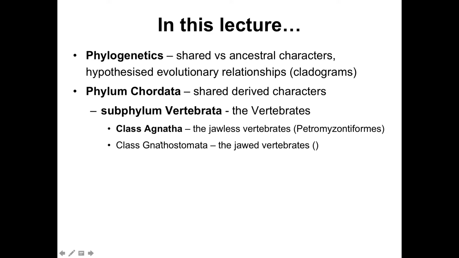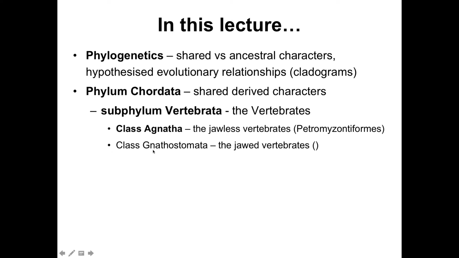And then within the vertebrates, there are 2 classes based on whether the animal has a jaw or not, whether jaws have evolved or not within the vertebrates. And there are a few living, extant, that is, jawless vertebrates, the petromyzontiforms. These are the hagfish and the lampreys. So they are examples of vertebrates that do not have a proper jaw, and they could be placed in the class Agnatha.